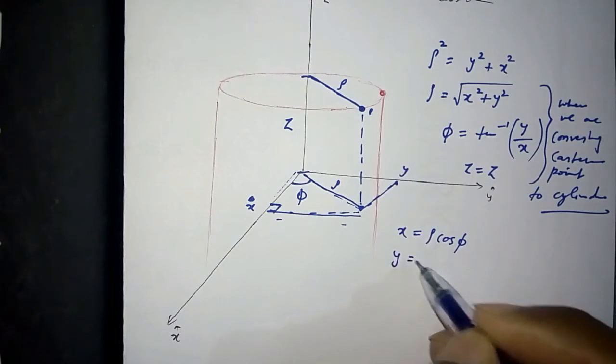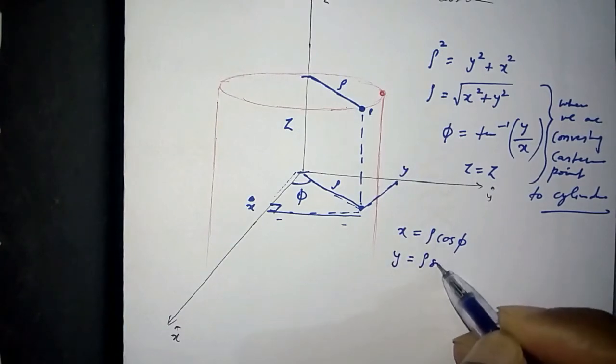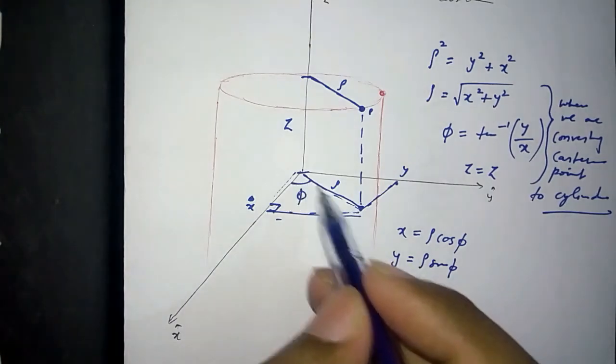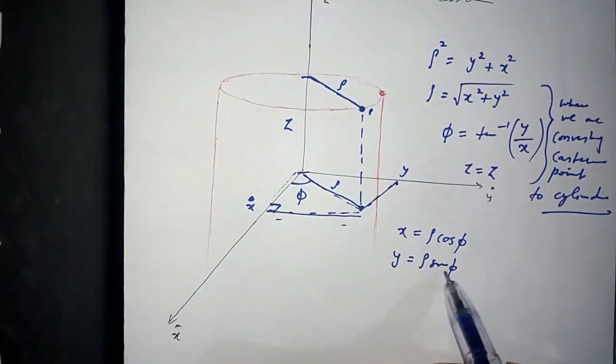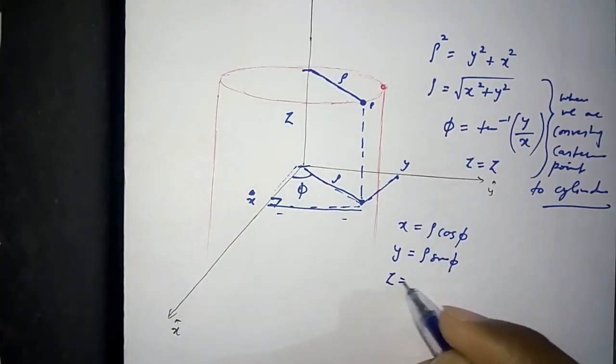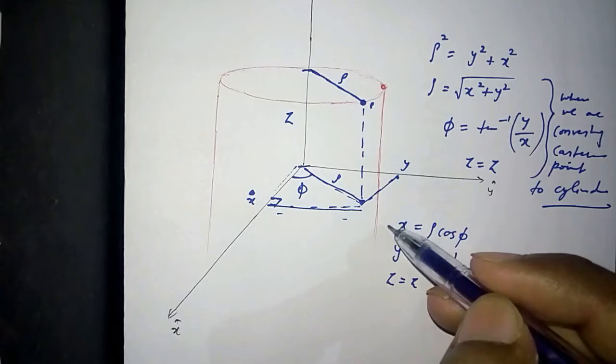Similarly, y is equal to r sin phi. r is the hypotenuse and the angle is not with this side, so sin phi. And z is equal to z in both cases, okay.